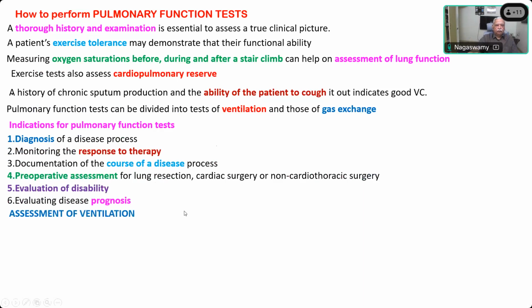Now, how do you assess the ventilation? I told you this is divided into ventilatory assessment and gas exchange assessment. So, what are the tests that are done in PFT to assess the ventilation? Most important component. Spirometry, sir.